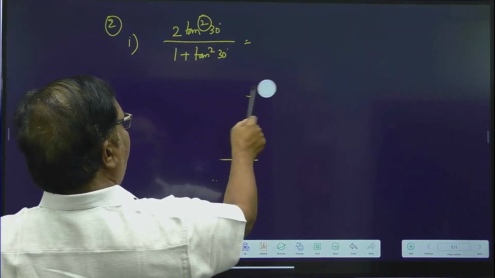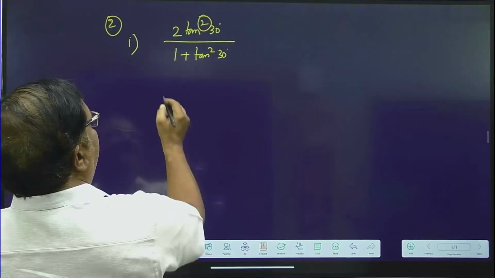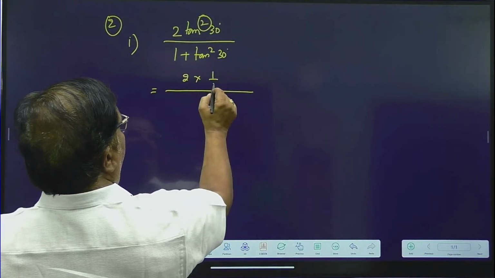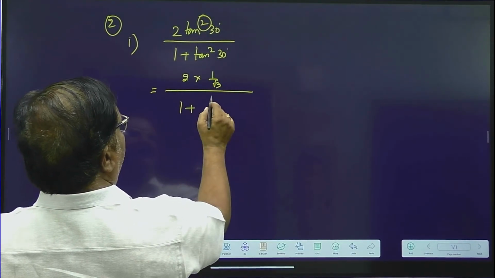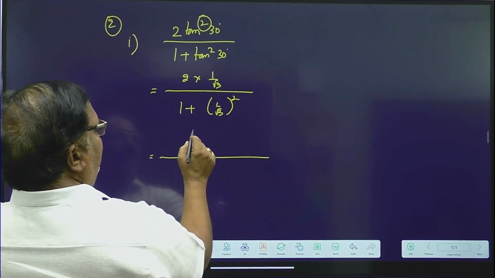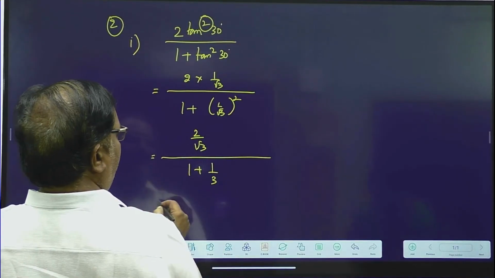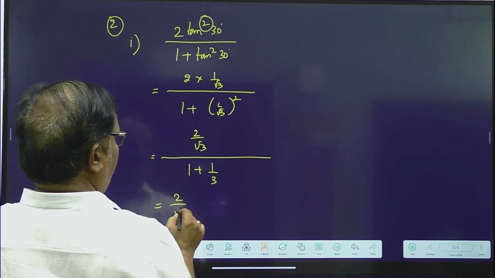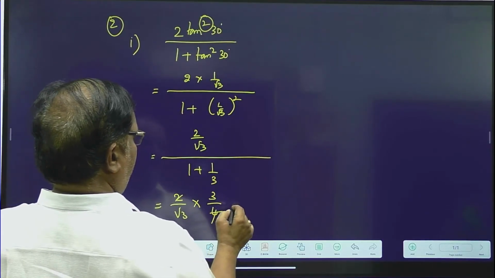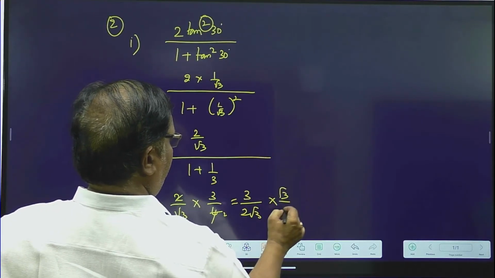If you don't memorize the answers, you will make mistakes like this. So 2 into 1 upon root 3, 1 plus 1 upon root 3 whole square. So 2 upon root 3 into (1 plus 1 upon 3) is equal to 2 upon root 3 into 4 by 3.